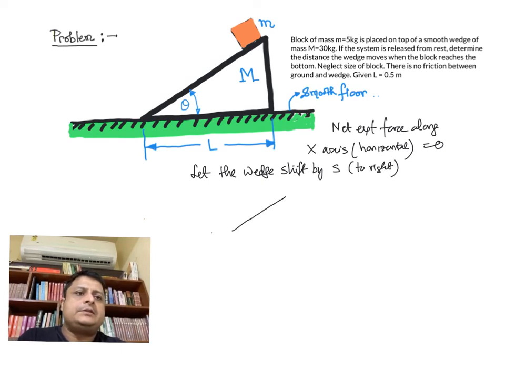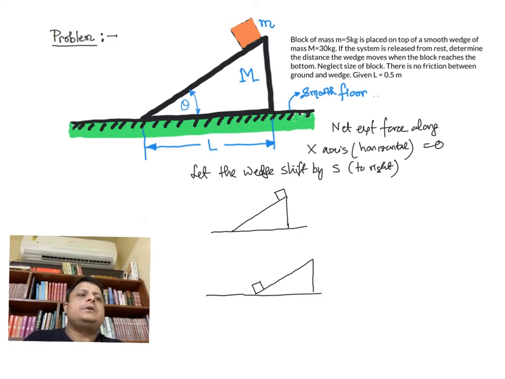Now let's have the initial state and the final state drawn below. Now let the wedge shift by s. So we have to choose a 0 here. So let's take this line as x equal to 0. Now the wedge shifts by s.